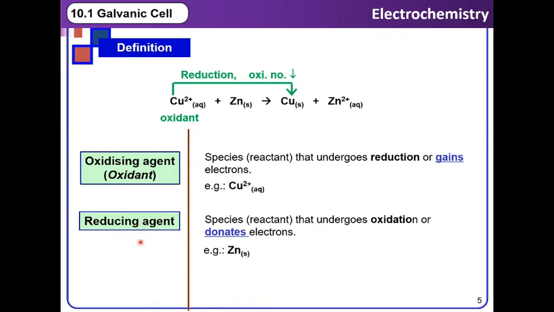While reducing agent is a species that undergoes oxidation. So which species that undergo oxidation is zinc solid. So zinc solid undergoes oxidation and produce zinc 2 plus ion. So zinc donates electron. Okay, zinc donate electron and become zinc 2 plus.